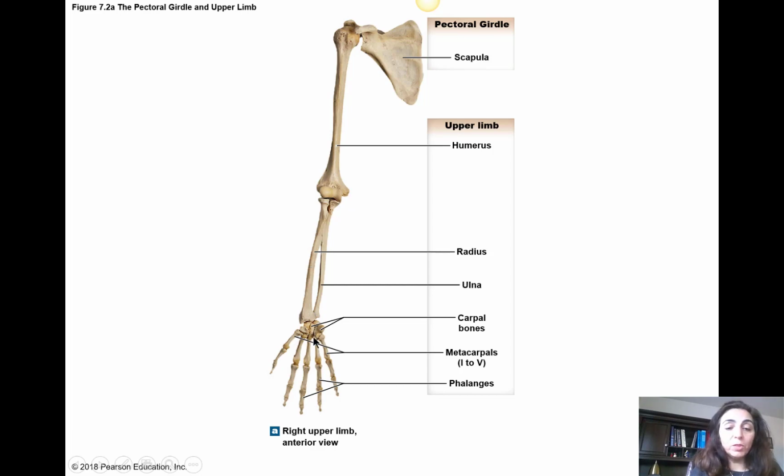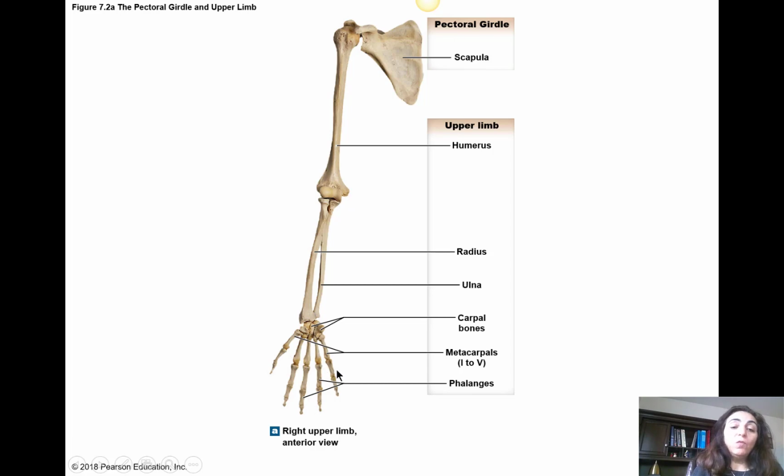So here you see the carpal bones, the 8 small little carpal bones. Then you have the metacarpals. Meta means between, right? Between the carpals and phalanges here. And then you have the phalanges. The phalanges come in rows, right? These 4 fingers have 3 phalanges, and the thumb has 2 phalanges.